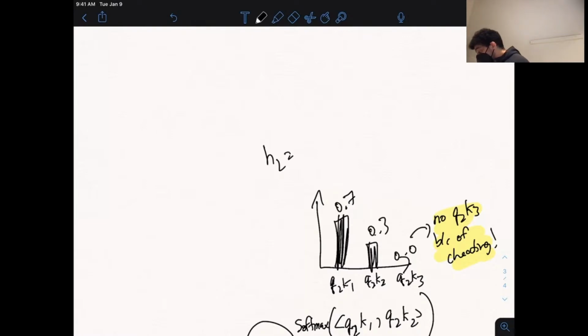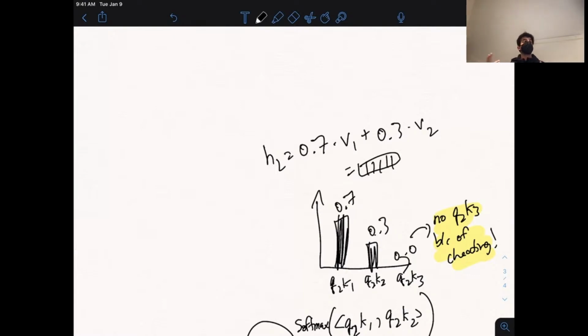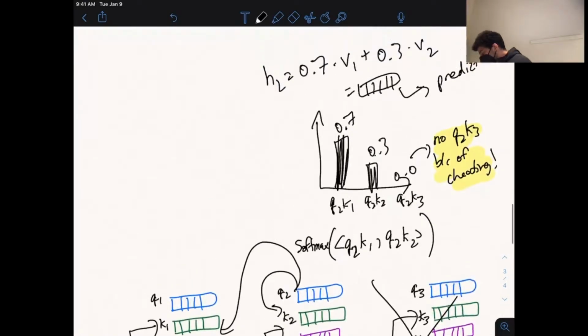So H2 equals 0.7 times V1. This is an element-wise product, 0.7 times V1 plus 0.3 times V2. So then we get this weighted average of the two value vectors, which we're going to use to predict the word, what is the word? There.